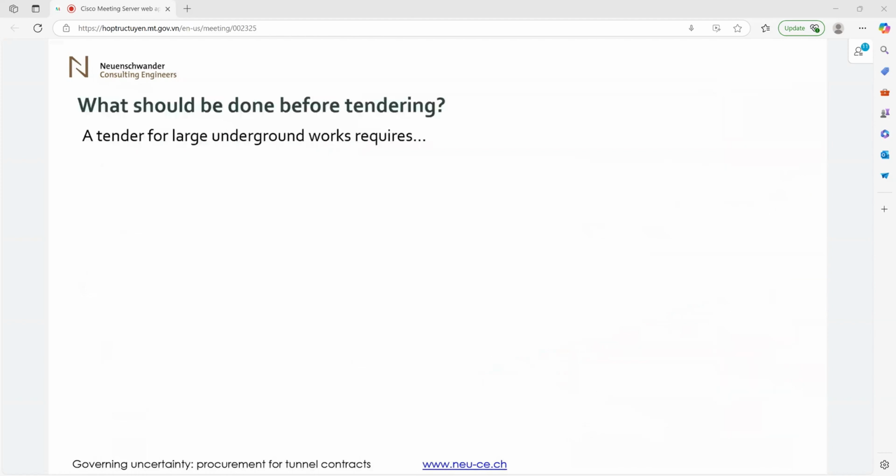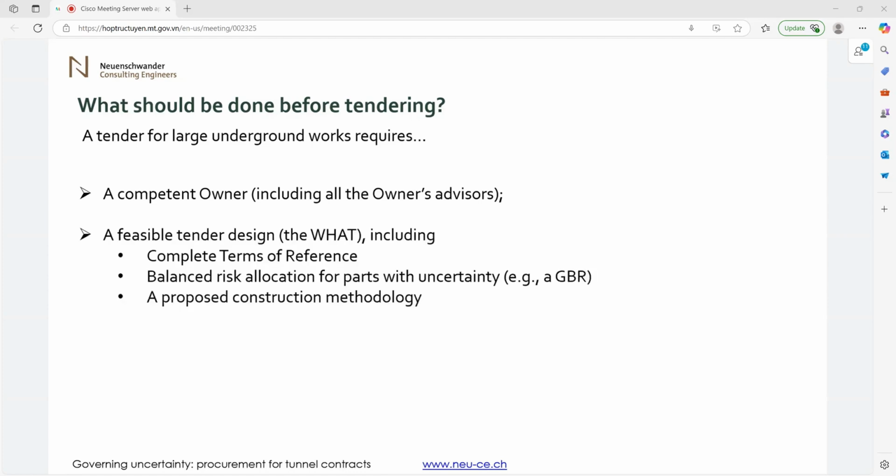So, what should be done before tendering? We're talking about the front-end engineering design and whatever comes before tendering. We need a competent owner, including all the owner's advisors. So we need a competent consultant. We need an excellent consultant.